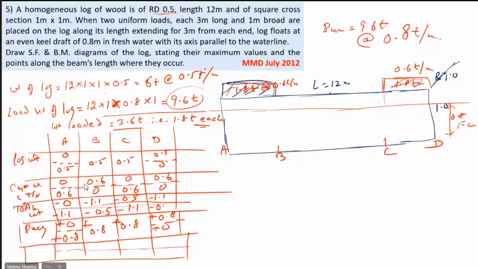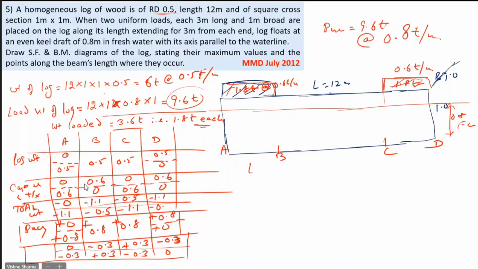And the load will be 0. This is plus 0.8 and minus this 1.1, so minus 0.3. This will be minus 0.3, plus 0.3 and plus 0.3, minus 0.3, then minus 0.3 and 0.